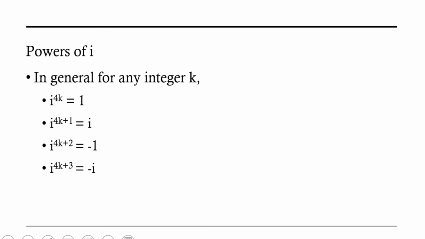So, in general, for any integer k, we have these notations. i^4k is equal to 1. i^(4k+1) is equal to i. i^(4k+2) is equal to −1. And i^(4k+3) is equal to −i. This is in general for any integer k, we get these values for different powers of i.